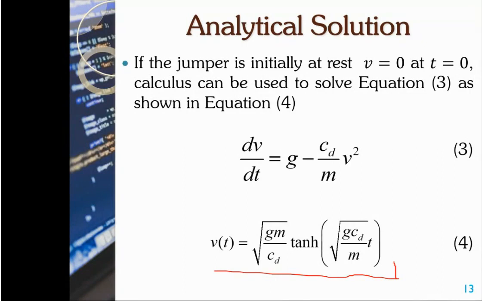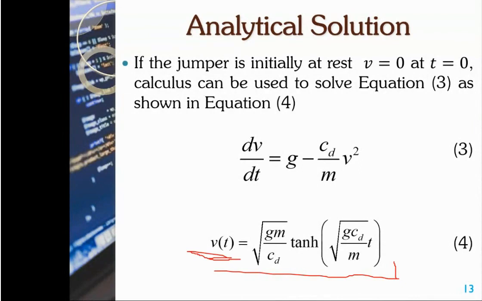If I should put this on board now, most of you will get it wrong. And if we were in class, I would have given marks if someone could get this. It's a very difficult task to do. So this becomes our final relation that relates the velocity of the jumper at any given time.